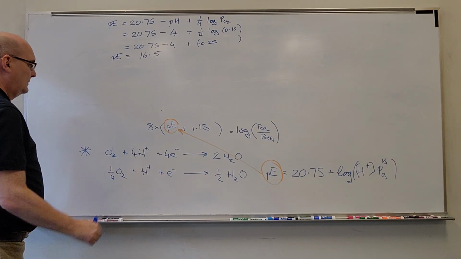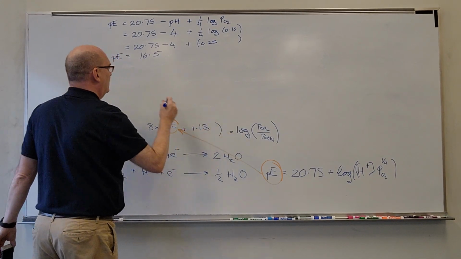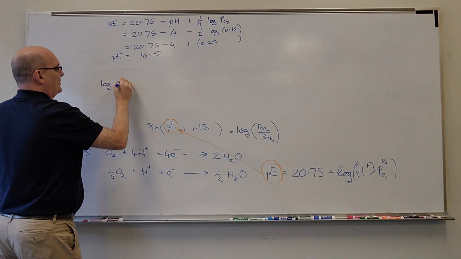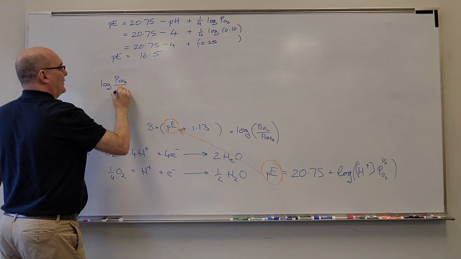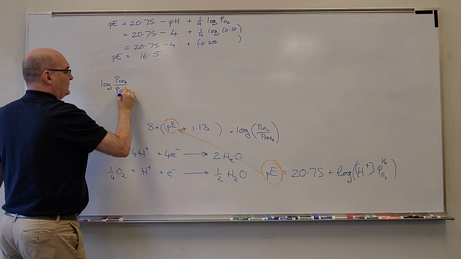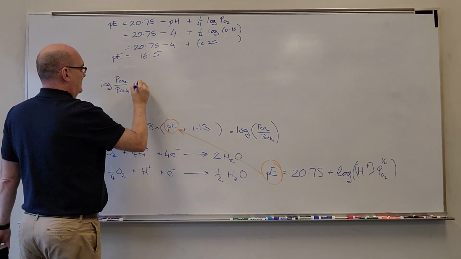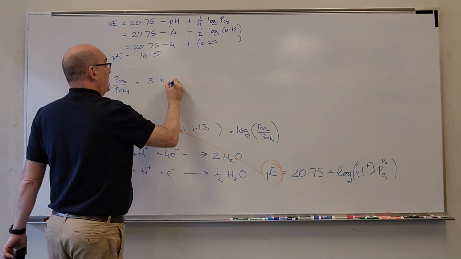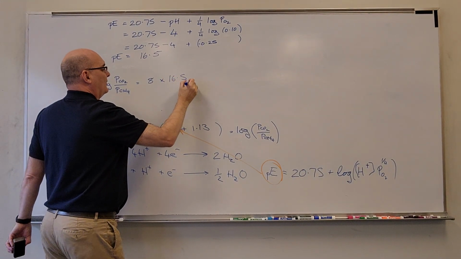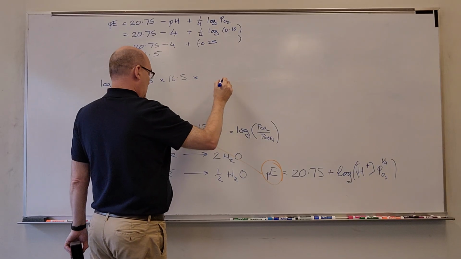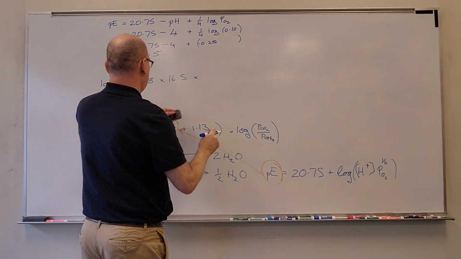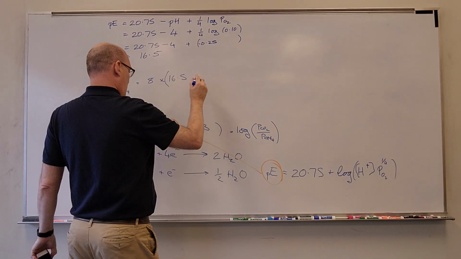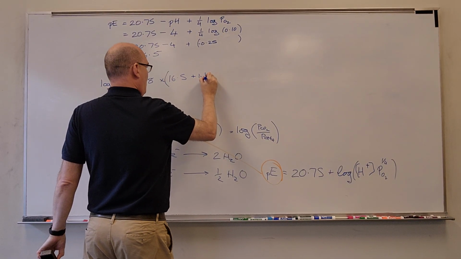Okay, here we go. This is what we're trying to find. The ratio of carbon dioxide to methane is 8 times PE 16.5 plus 1.13.